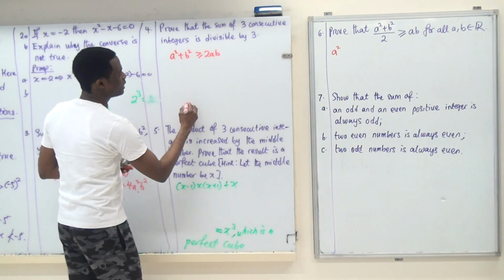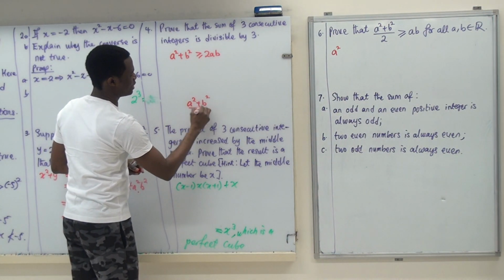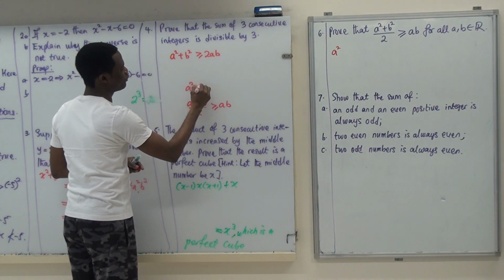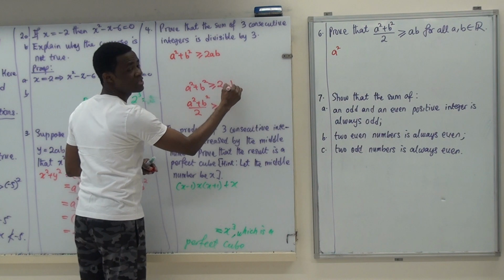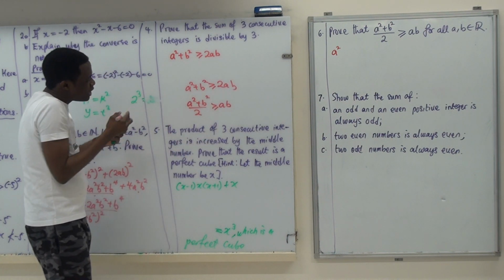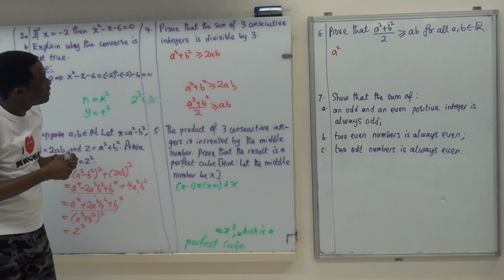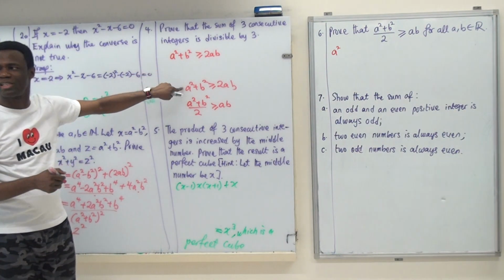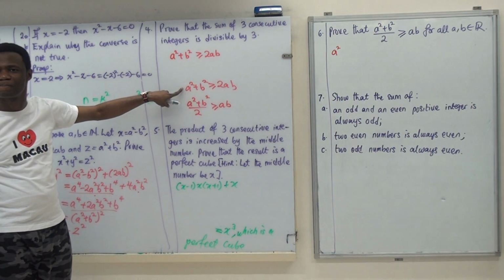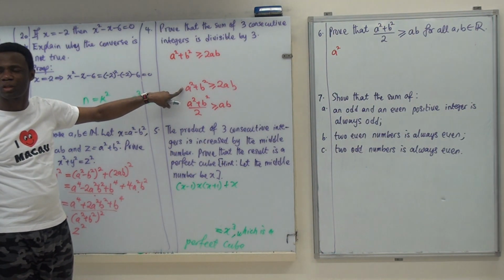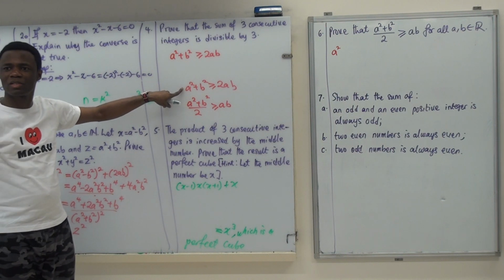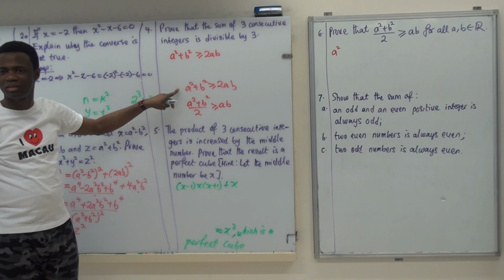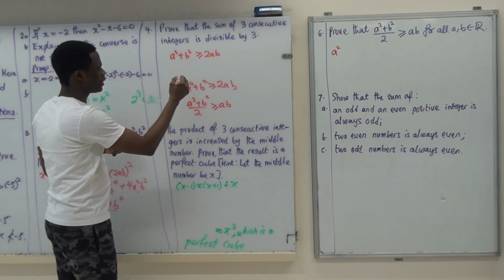So basically, if I need to get a squared plus b squared divided by 2, I must conclude from this. But what can you say about this? What can I have previously to generate this one? Talk to me, please. You want to say something? What can I have in the previous step to give me this? Think of anything. A plus b squared?